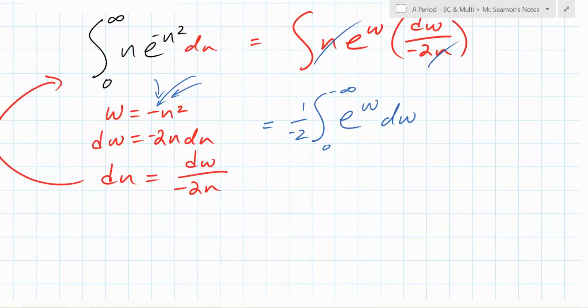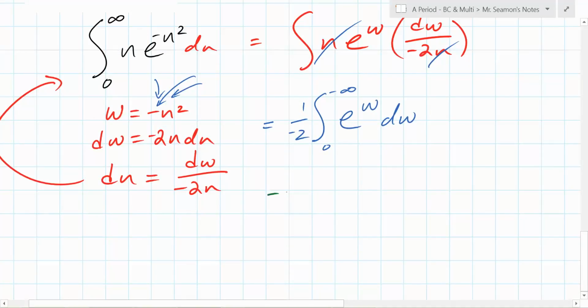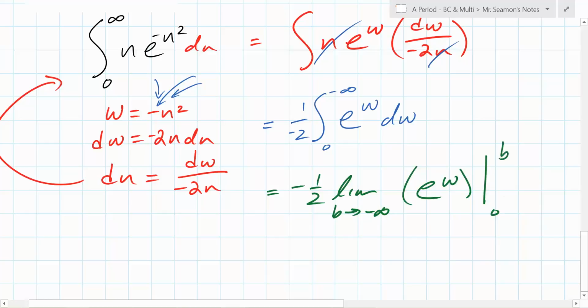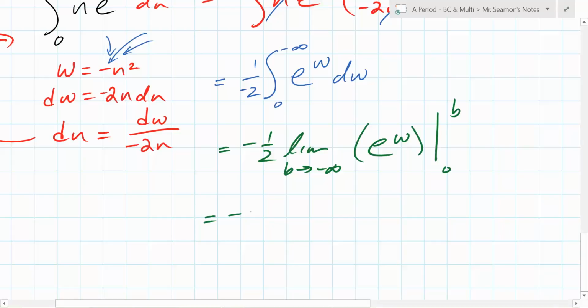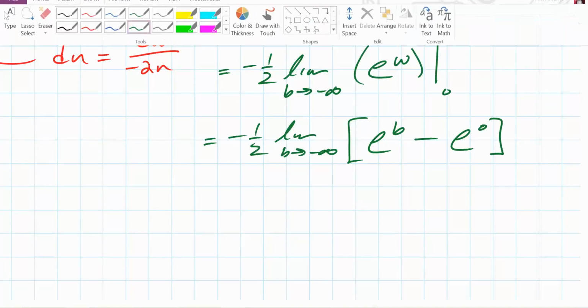Now, when we integrate this, we need to turn it into a limit. So this is going to be the limit as b goes to, let's say, negative infinity of, what's the integral of e to the w? e to the w from 0 to b. We do the actual integration, we plug them in, we get the limit as b goes to negative infinity of e to the b minus e to the 0. What is e to the 0?